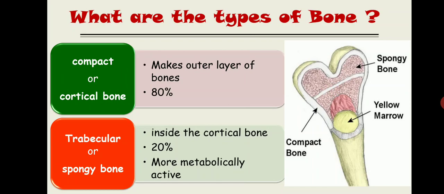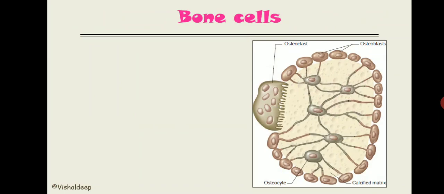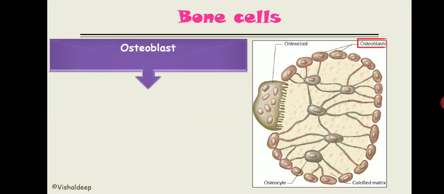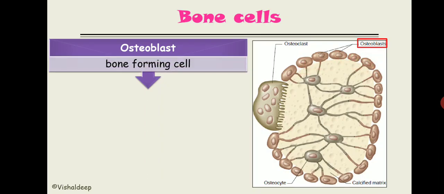Now let's discuss the different types of bone cell. There are three different types of bone cell, starting with the first, osteoblast. You see in this diagram the osteoblasts, these small cells situated at the periphery. They are basically bone forming cells.